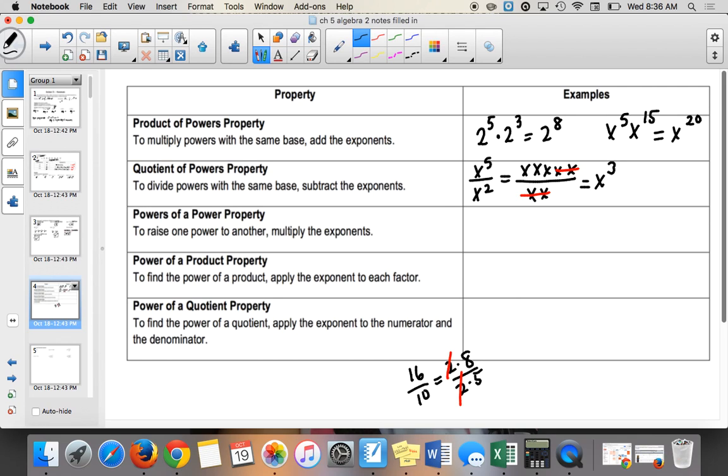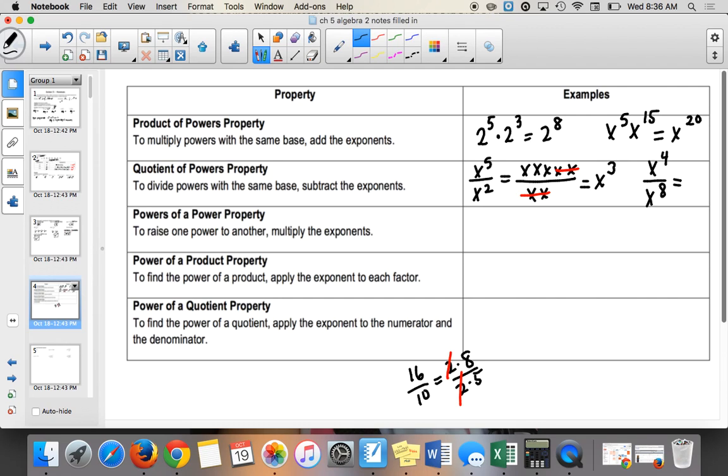Where are they left? Because it gets a little bit confusing when we have the other direction. So if I had x to the 4th over x to the 8th, let's say. If we do the subtraction thing, it's x to the negative 4, and then it's confusing. It's like, wait, do I put the negative 4 on the bottom, on the top? Where do I put this? So what I always tell people to do is think about expanded form.